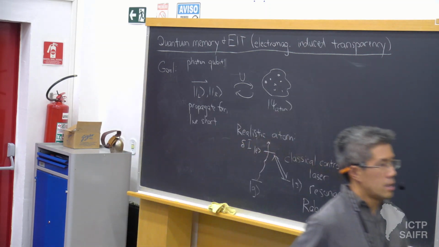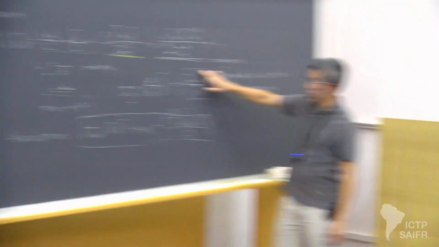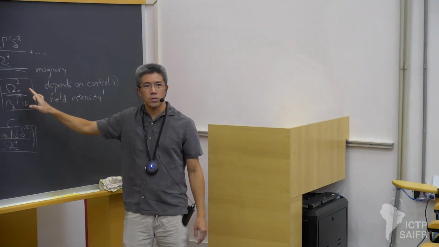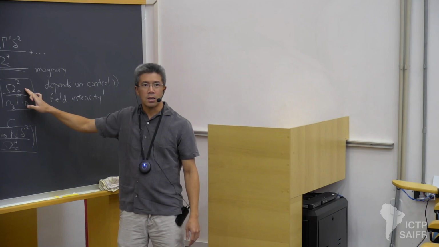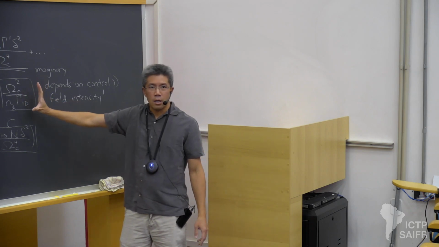Yeah, so when I calculated the group velocity, you see that the group velocity depends on your control field's intensity. At this moment, it's just an abstract quantity.